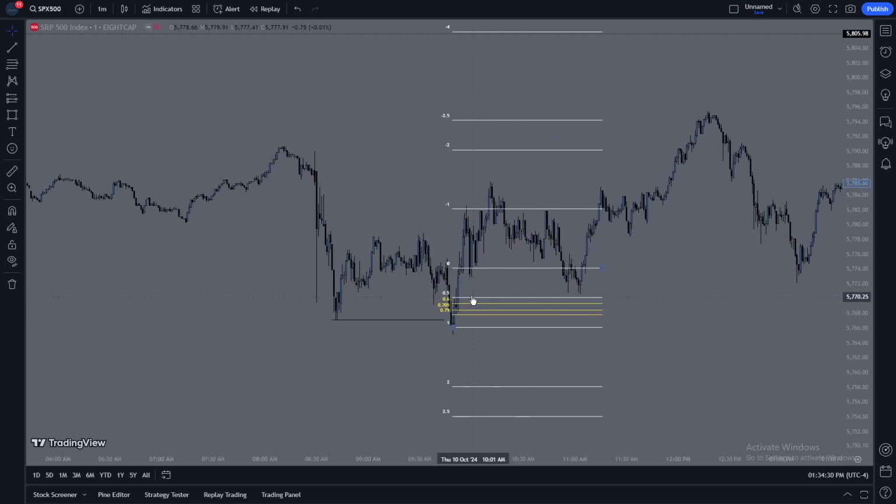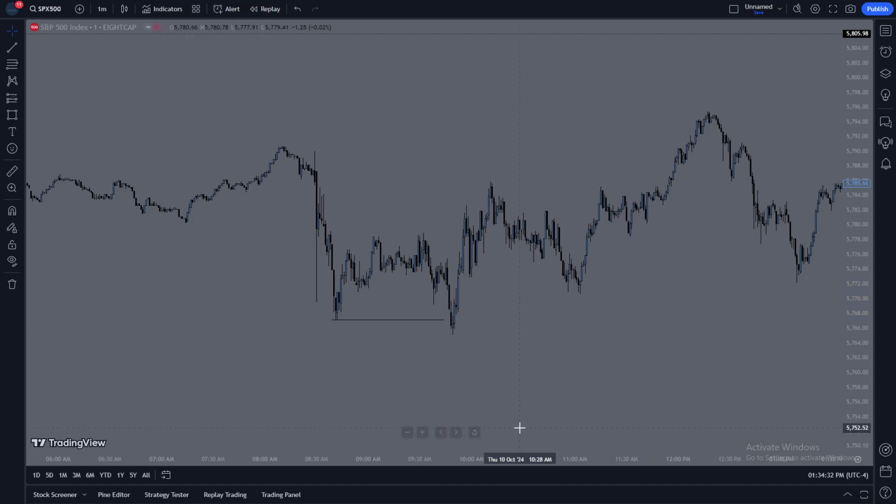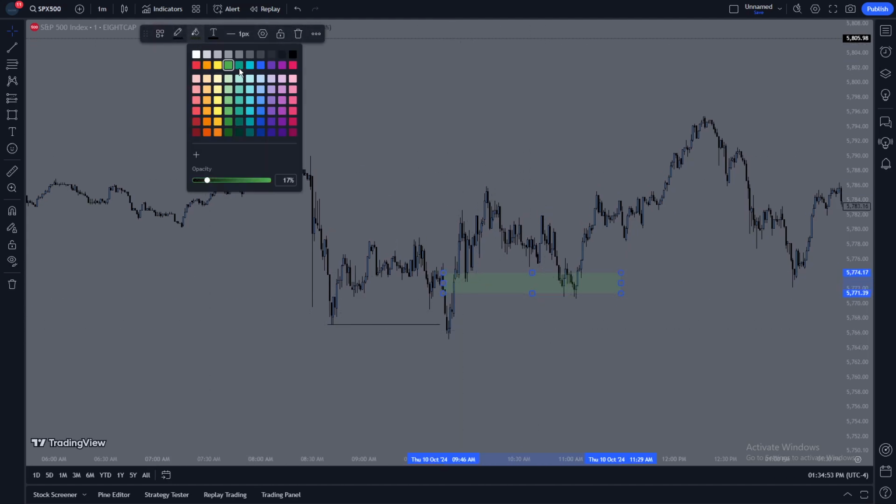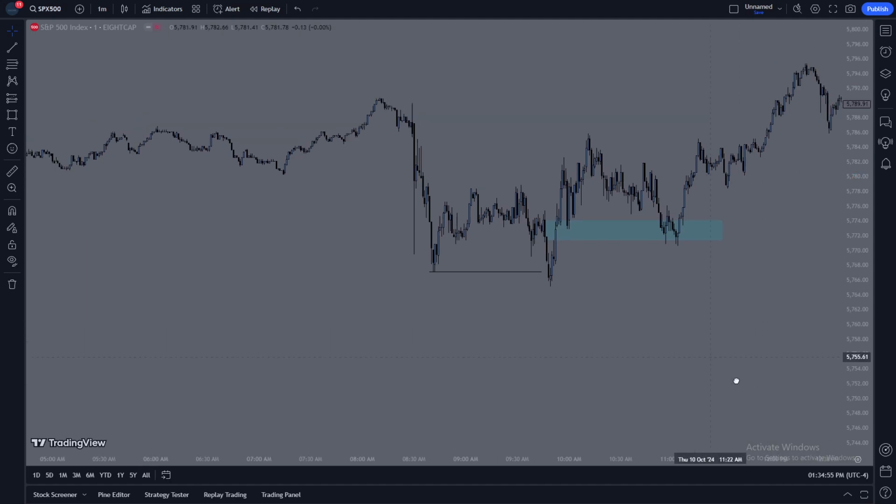That was great. Now, how do you use this to find an entry? Well, we could use first inversion fair value gap, regular fair value gap, breaker block here. There's so many confluences within this one setup.